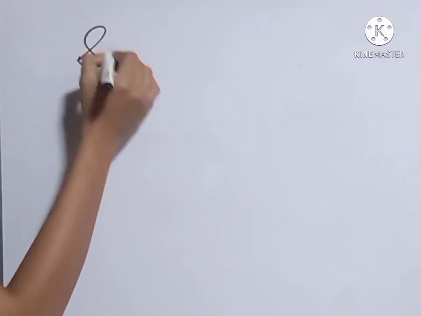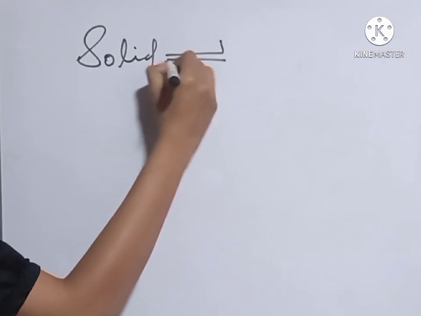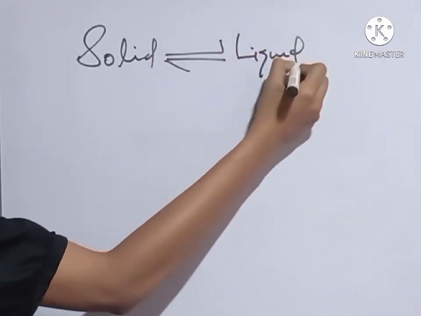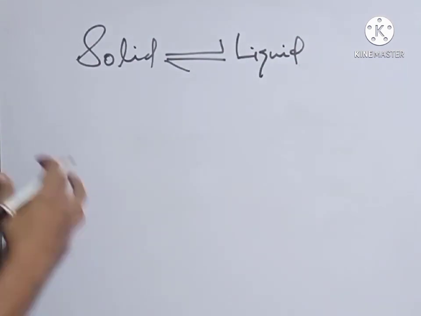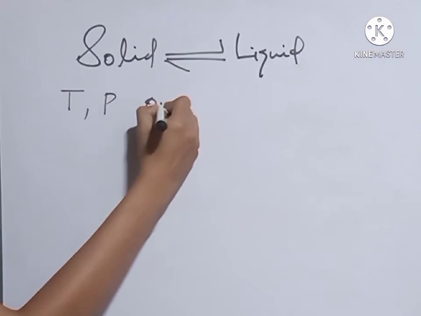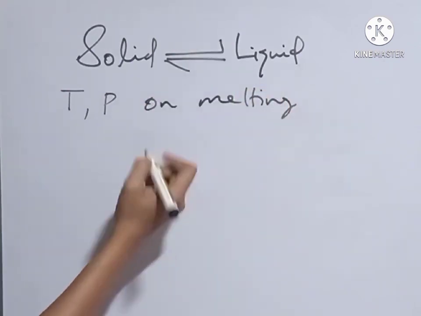Similarly, if we talk about the equilibrium between solidification and fusion, the solid reversibly gives liquid. So if you talk about the effect of temperature and pressure on melting point, it varies with the substance.